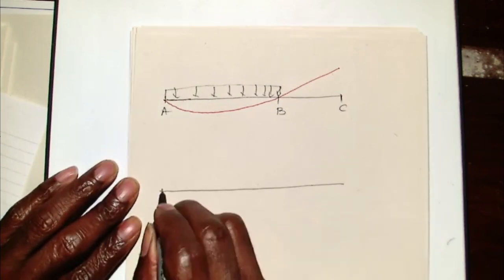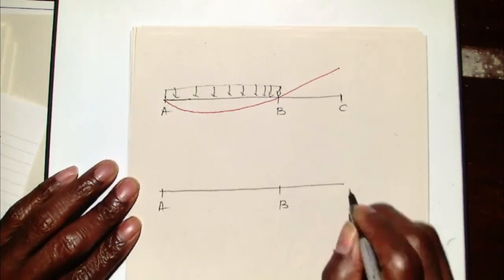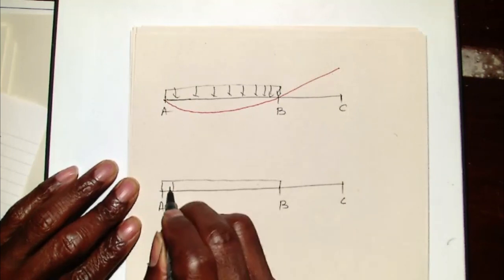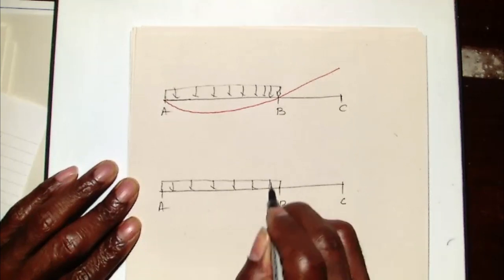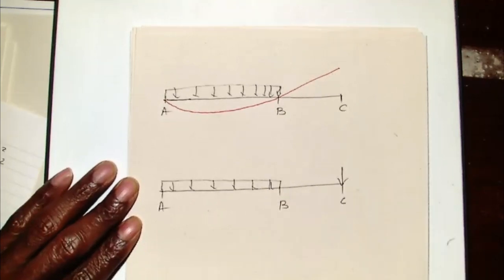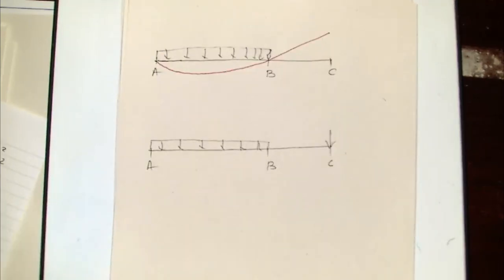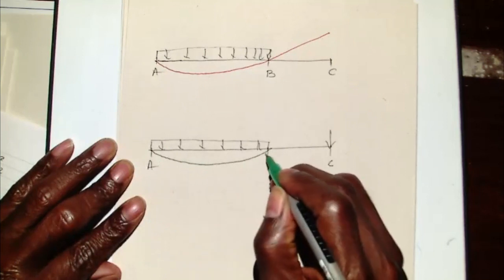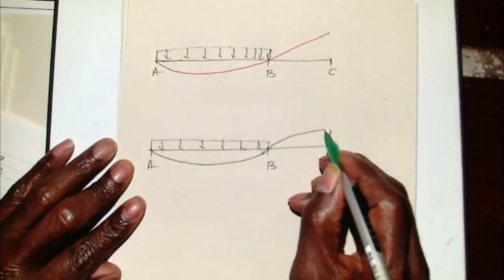So if I redraw that again and say I've got A and I've got B and I've got C there, and I've got uniformly distributed load like that, and I've got a point load like that. So we'll still have something close to that, but the deflection will not be as huge. We now have that, and this will go like that.